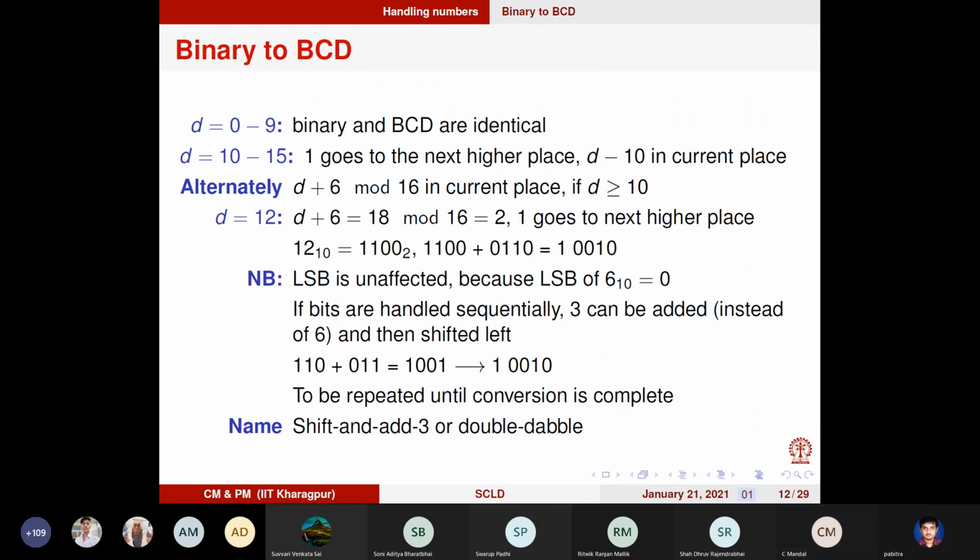Let me first tell the basic motivation of using BCD. A set of 4 bits. If you want to represent decimal numbers from 0 to 9, how many binary digits will you require? 4.